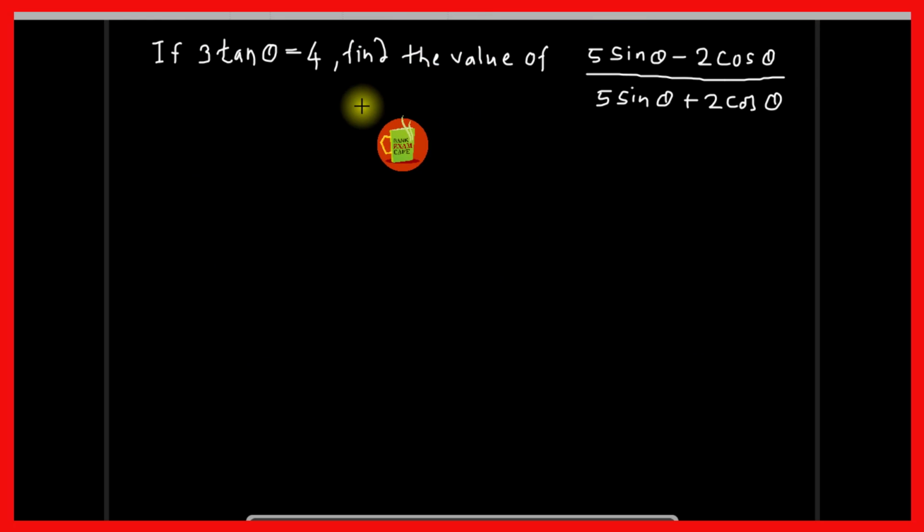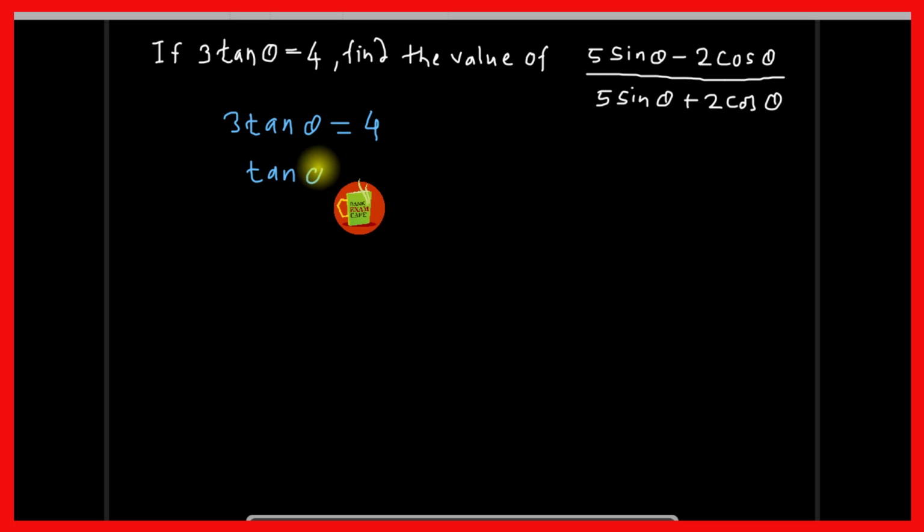Now move to the next question. If 3 tan theta is equal to 4, find the value of (5 sin theta minus 2 cos theta) upon (5 sin theta plus 2 cos theta). Here given that 3 tan theta is equal to 4, it means tan theta is equal to 4 by 3. Now the first thing we can do is convert this into tan theta so that it will be easier to solve. We know that sin theta upon cos theta gives us tan theta.